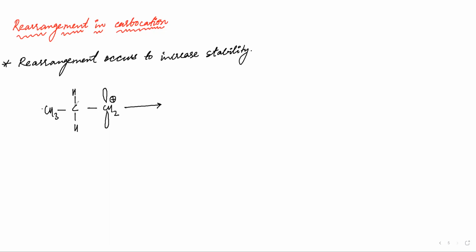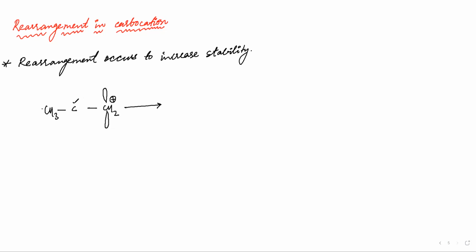This electron deficient site pulls electrons. If this is a positive charge and electrons are present here, this H is not a concise single electron, it is rather electron density. It has wave nature, so I can write it in a lobe shape also.